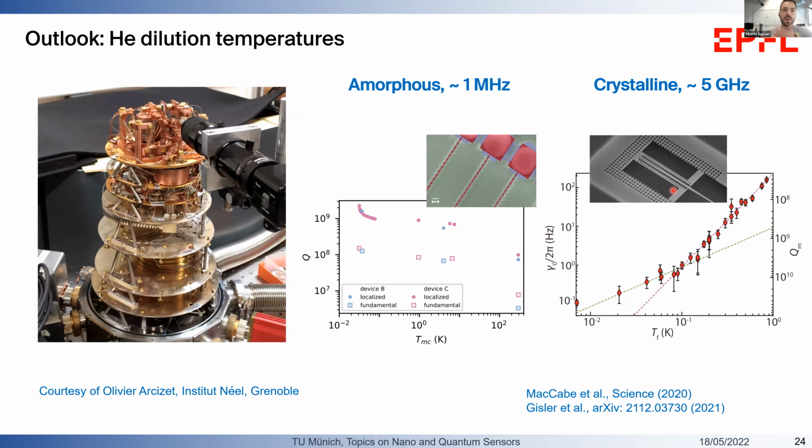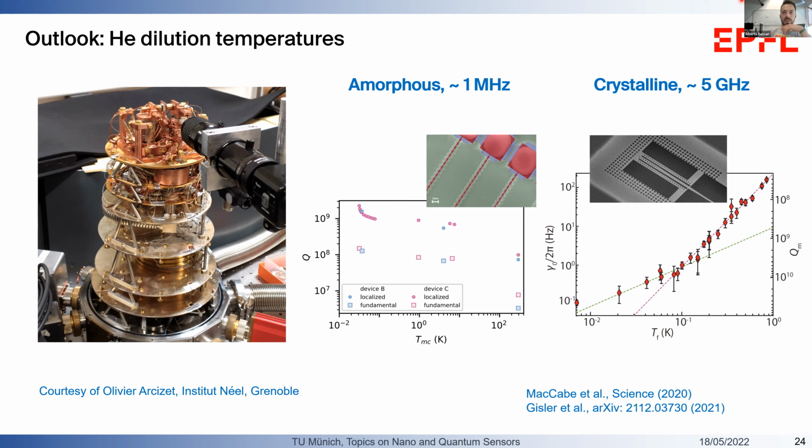So for the future, something that would be very interesting to explore is going to even lower temperatures, allowed by placing the samples in the environment of a dilution fridge, which can go down to some 10 millikelvin of base temperature.